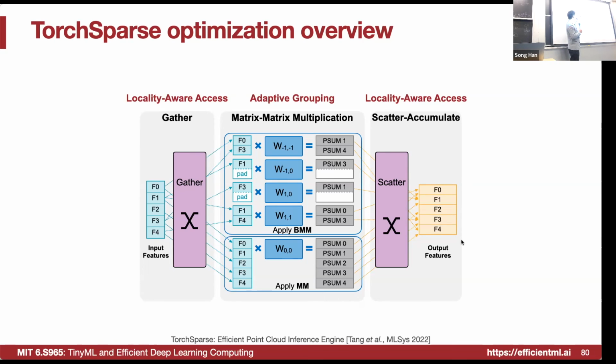We group kernels with similar workload together. And sometimes we even pad redundant computation, pad zeros to those that have very little workload, to make sure these 4 multiplications have exactly the same workload, so that we can apply batch matrix multiplication, called BMM, on these different kernels.